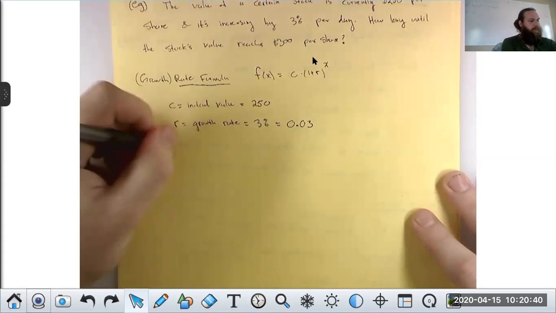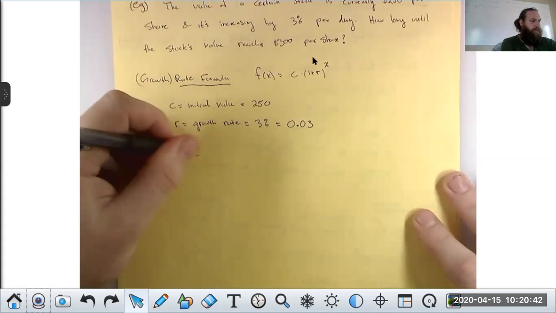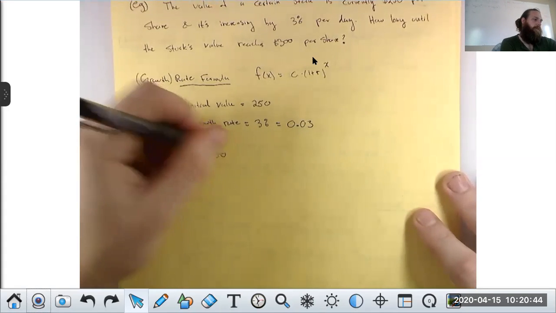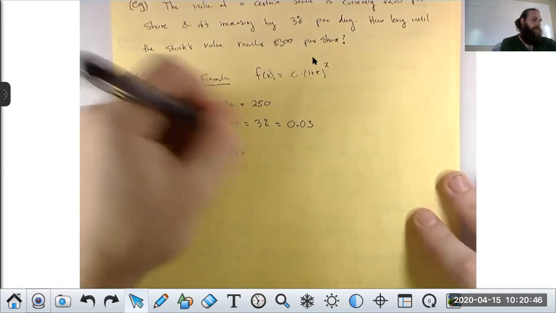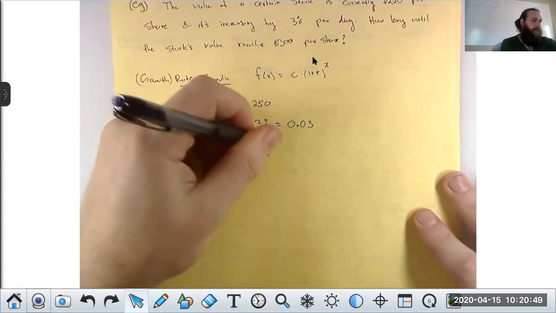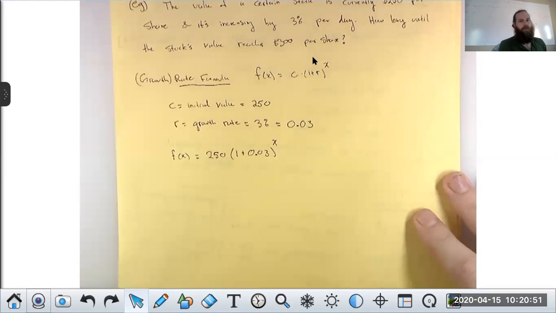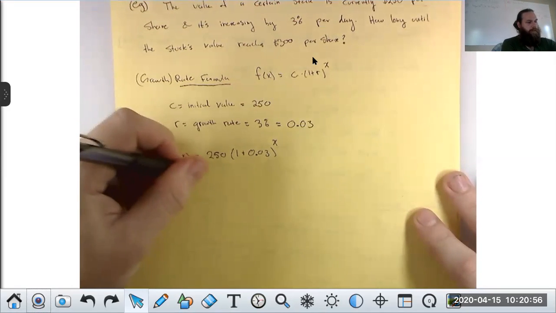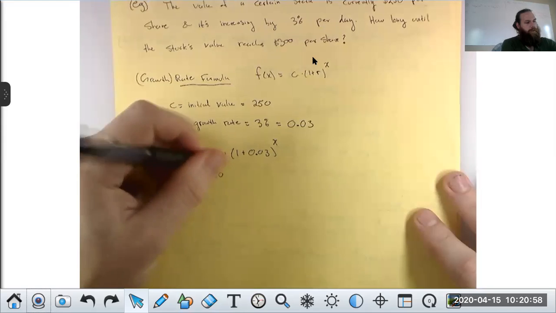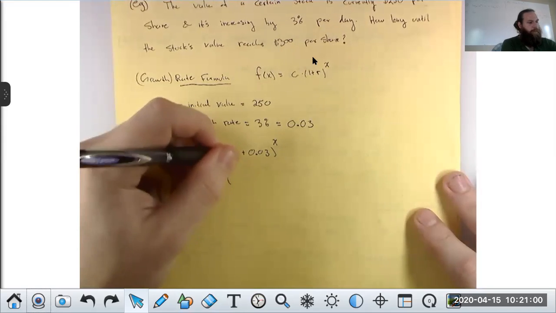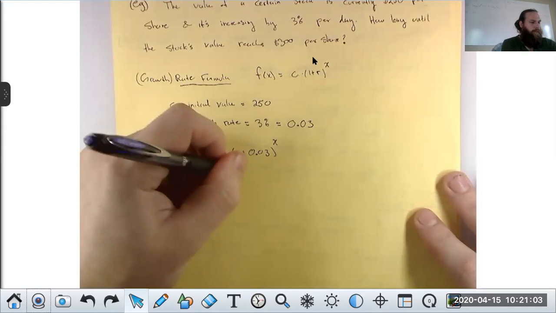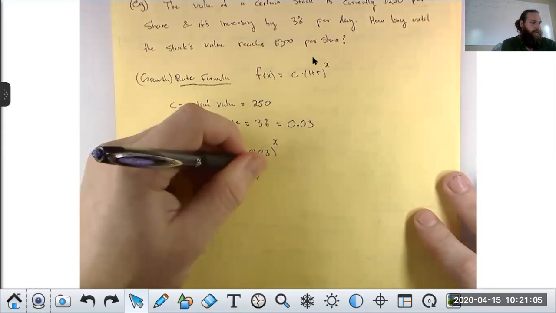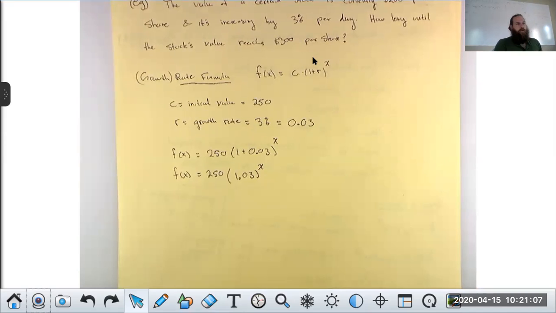So if I plug those things into this formula, I get f of x equals 250 times 1 plus 0.03 to the x, which I can simplify a little bit. The 250 can't come into the parentheses because that stuff is all being raised to the x, but 1 plus 0.03 is 1.03. So that is the function that tells me the value of my stock x days from today.